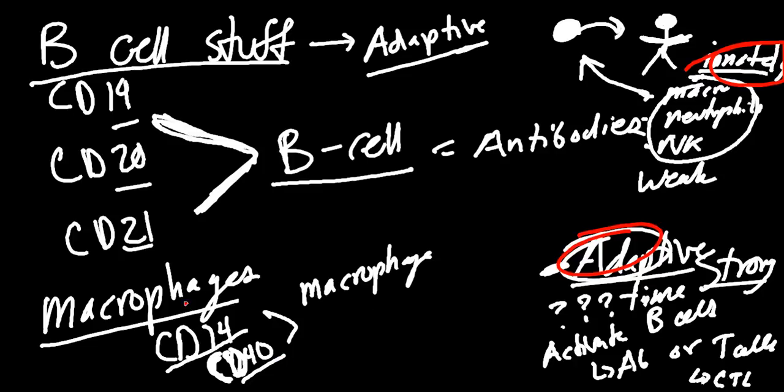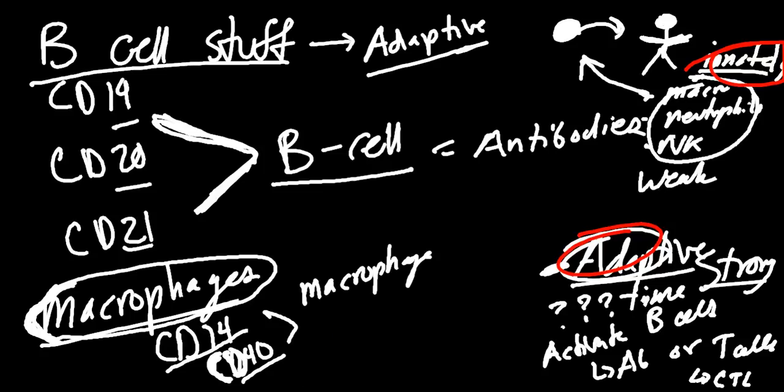CD40, I'm thinking macrophage. It simply means it's a cell surface marker for macrophages, less important in function than CD4 and CD8. Just like CD3 meant it was a T cell, CD14 or CD40, a lot of 4s in here, macrophage.